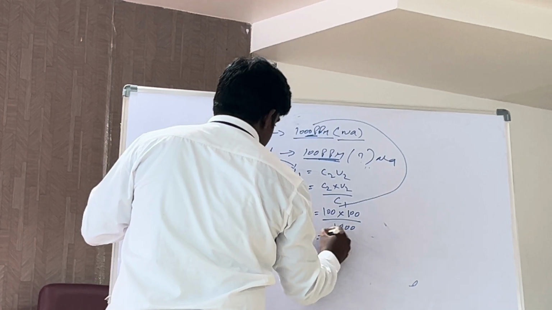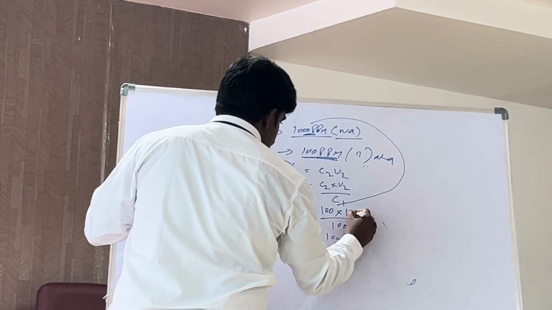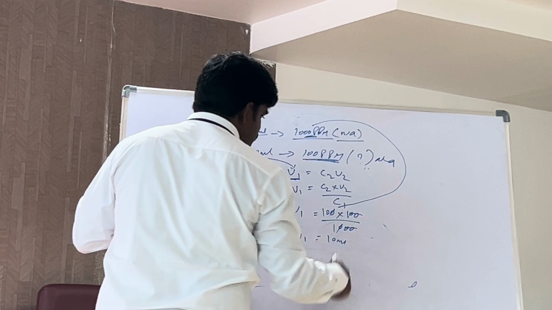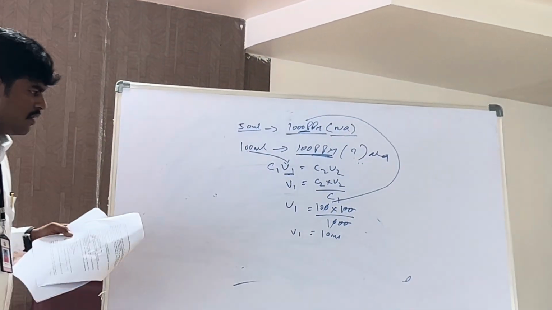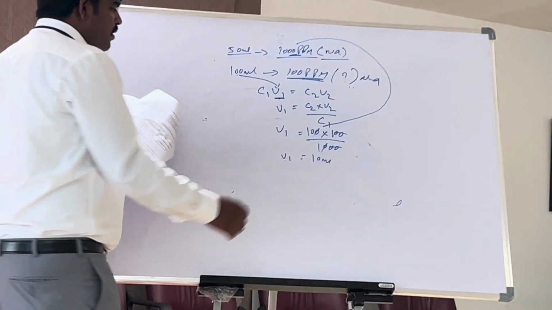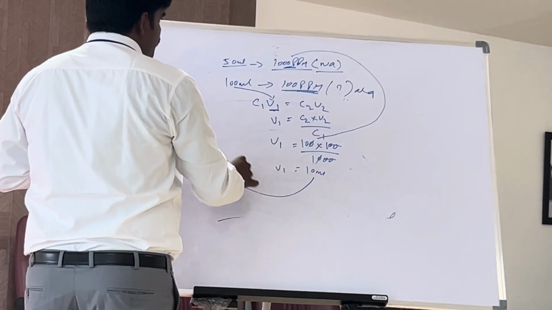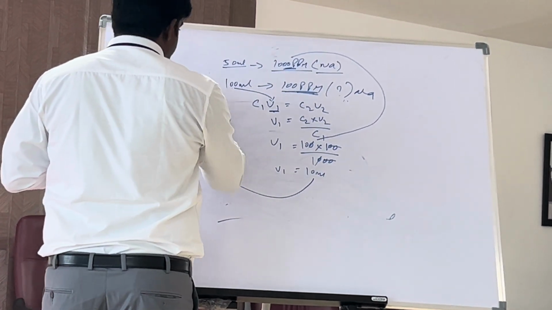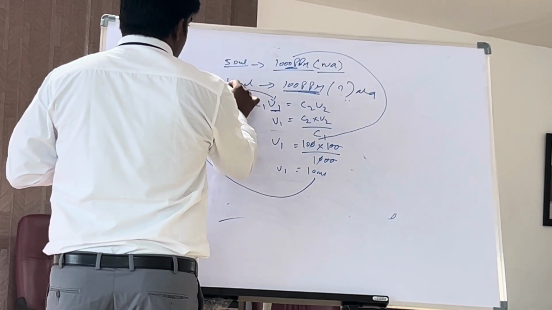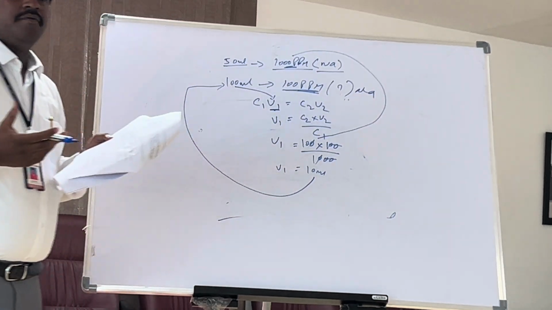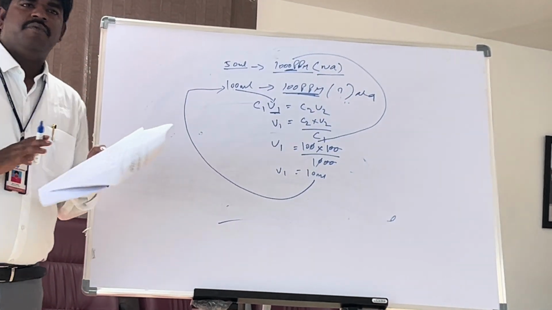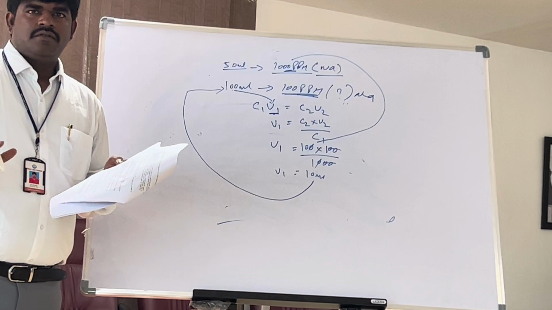Then you will get 10 ml; the zeros cancel. So simply pour 10 ml of the 1000 ppm solution into a flask and make up to 100 ml, and you will get the 100 ppm solution. Any doubt?